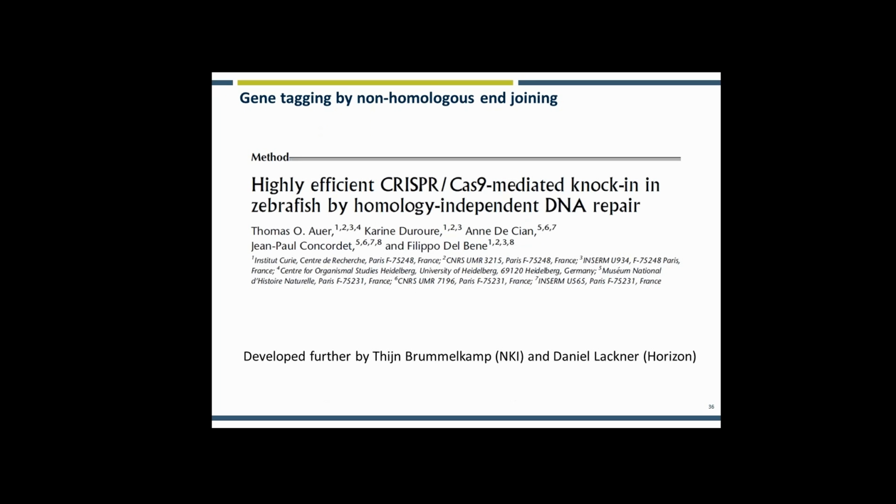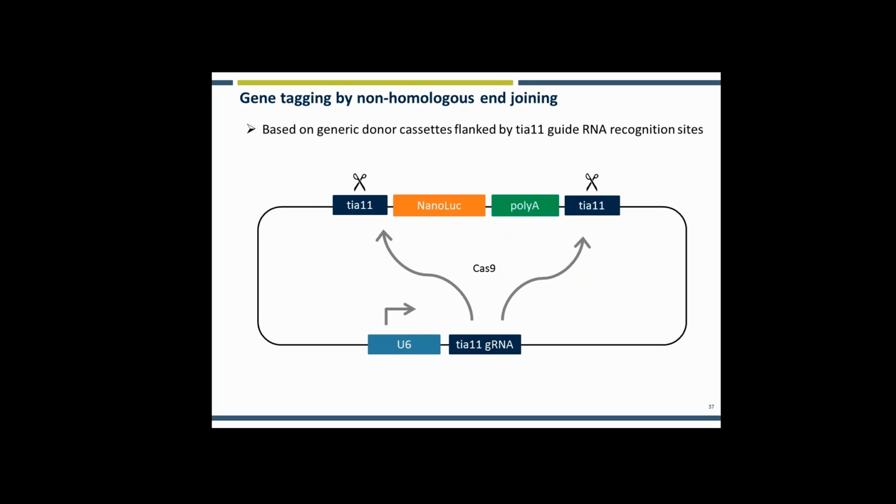The way in which this works is that rather than using a homologous donor template, we use what we call a self-cleaving or self-releasing tag. This is a plasmid in which you have your tag flanked by 2 guide target sites, and on the same plasmid you have your guide that would recruit Cas9 to those target sites being expressed off a U6 promoter.